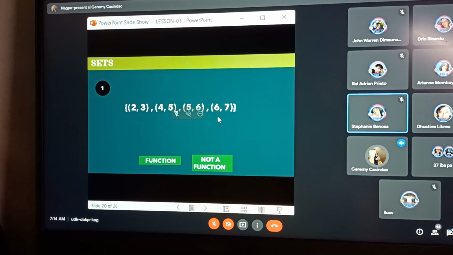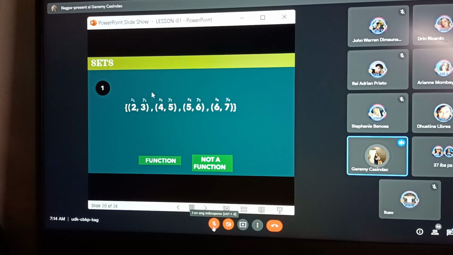Permission to speak. Okay, go ahead, Benosa. What are the x values? The x values are 2, 4, 5, and 6. Okay, that's correct. So we have x sub 1 is 2, x sub 2 is 4, x sub 3 is 5, x sub 4 is 6.